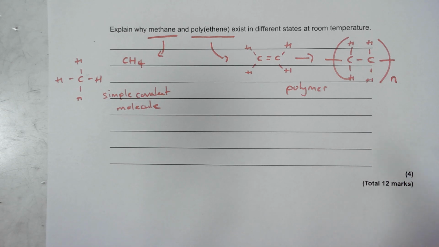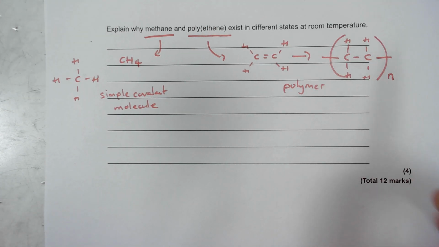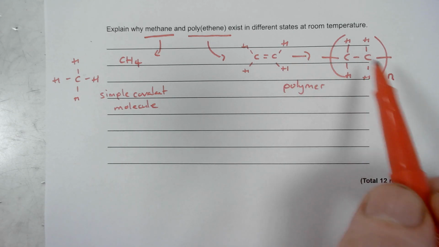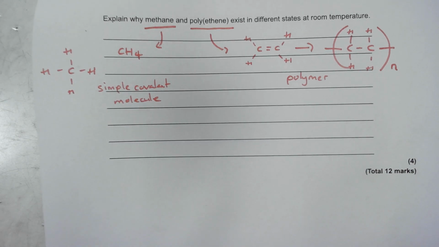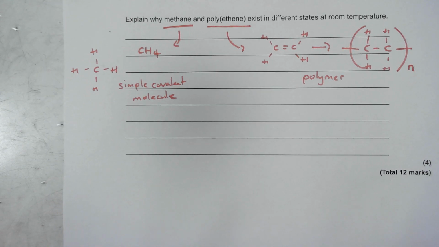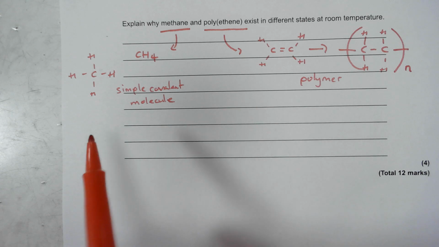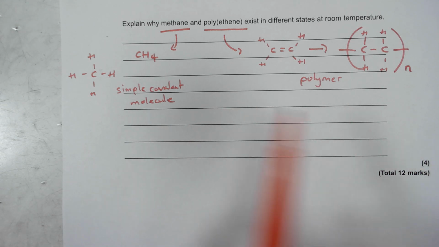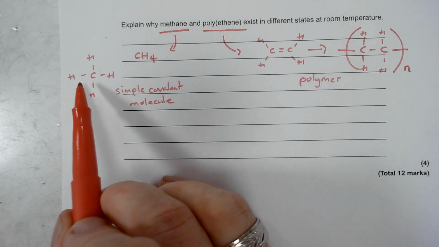So, it's asking me to say, explain why methane and polyethene exist in different states at room temperature. Okay, so the polymer will be a solid probably. Methane we know is a gas. Okay, right. All I've got to think about is this. What is it here that's going to influence boiling point? So if I boil methane, if I heat it up so it turns to a gas, do I break any of these bonds?